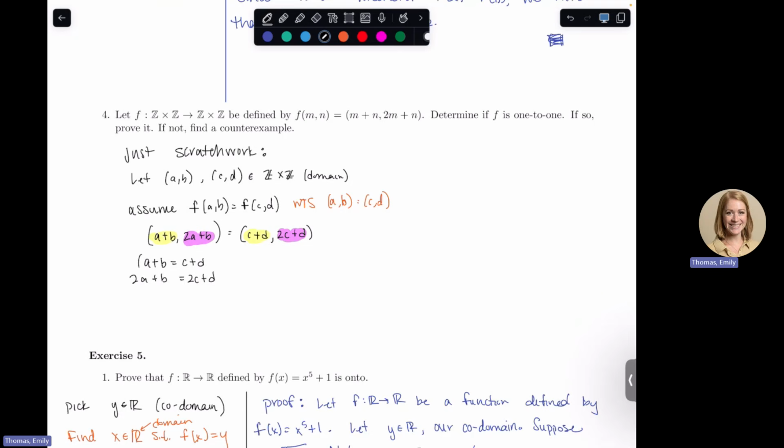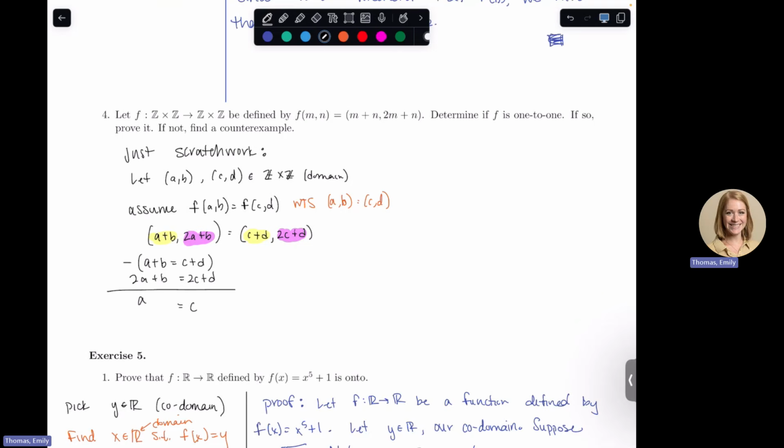I'm going to subtract this off. So I'm looking at 2A minus A, which is just A, B minus B, which is nothing, 2C minus C, which is C, and D minus D, which is nothing.